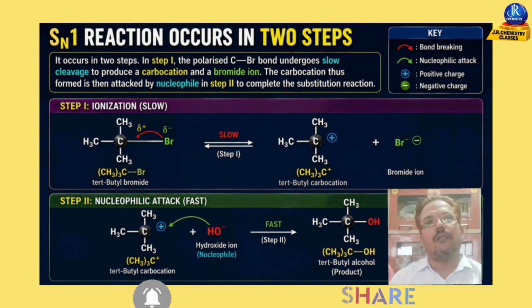In step 1, (CH3)3CBr forms slowly (CH3)3C plus cation with Br minus ion, and then the (CH3)3C cation reacts with the strong nucleophile OH minus, and in step 2 gives (CH3)3C-OH.